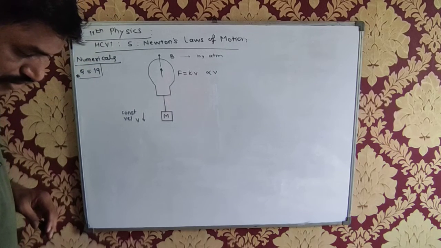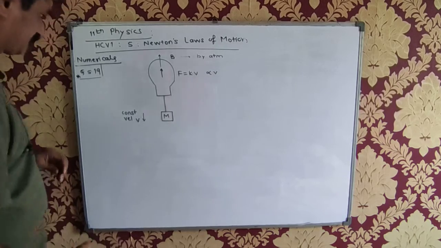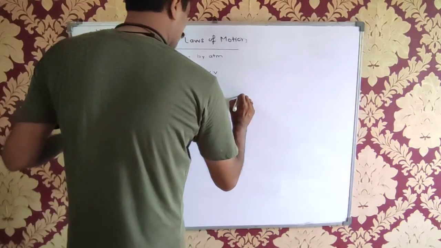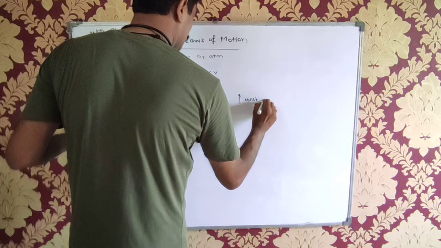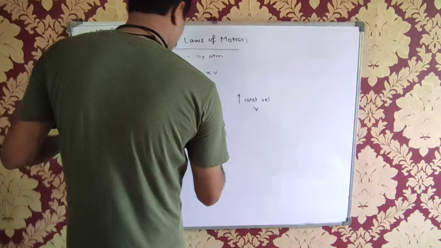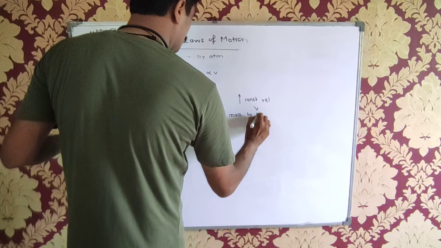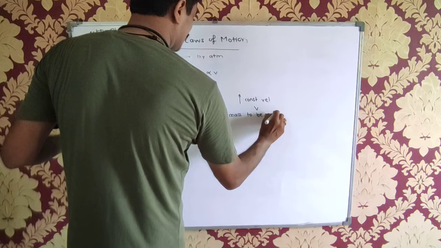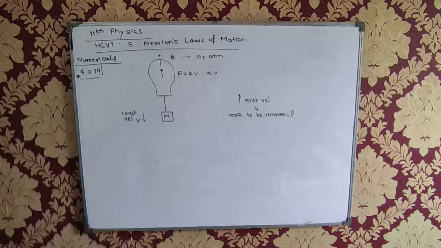How much mass should be removed from the balloon so that it may rise with a constant velocity? So अगर उसको ऊपर जाना है with constant velocity v, तो यहाँ से mass removed, mass to be removed is asked there. Question समझ में आ गया?